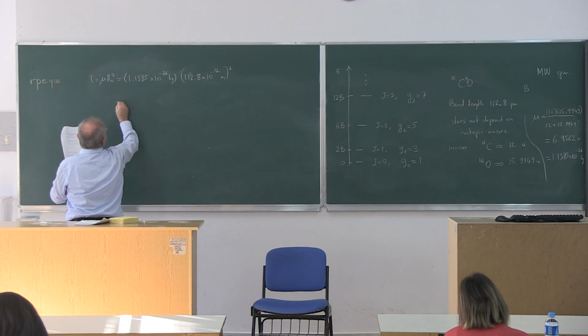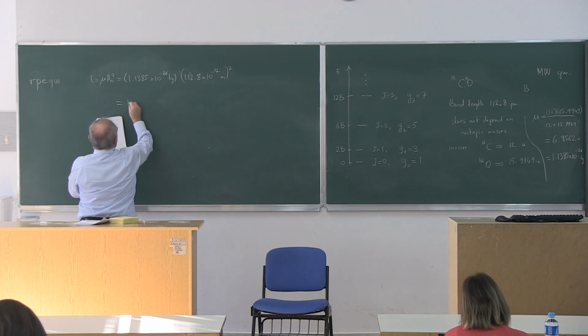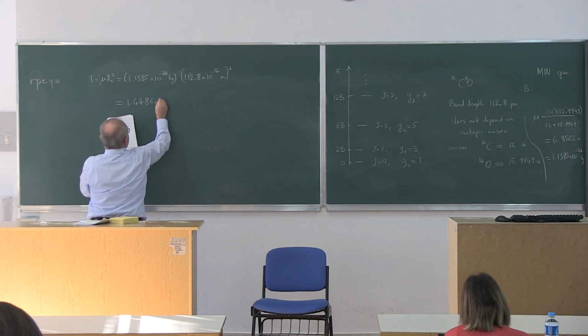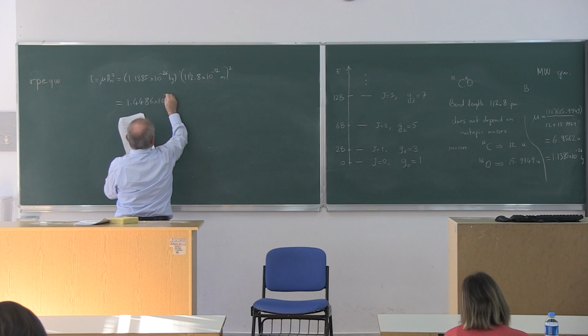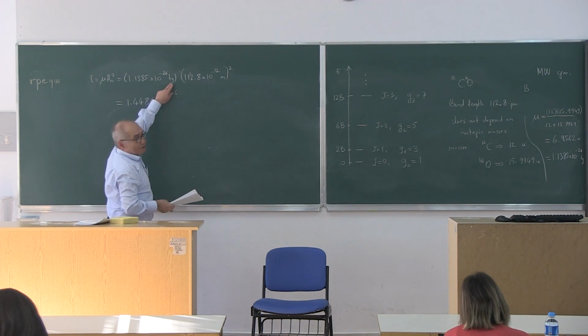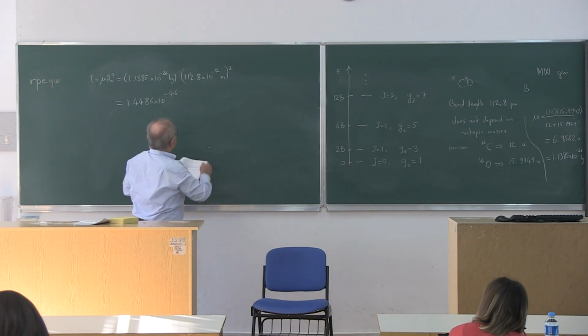And if you do this calculation, then you get 1.4486 times 10 to the minus 46. What is the unit? Kilogram from here times meter squared.